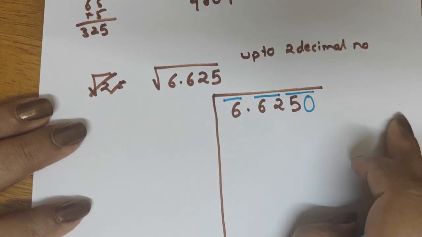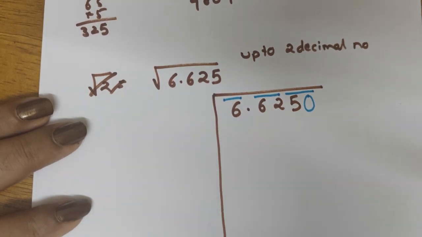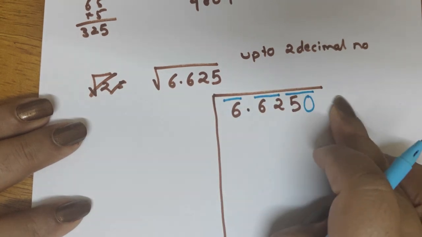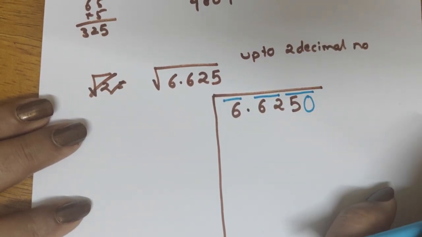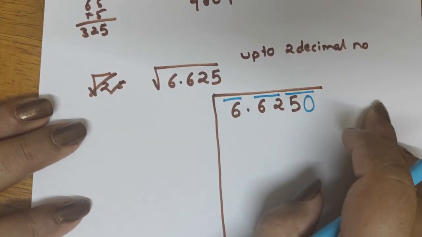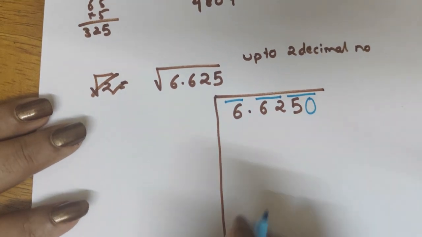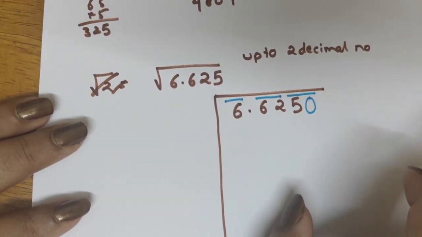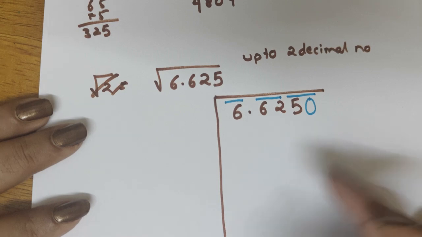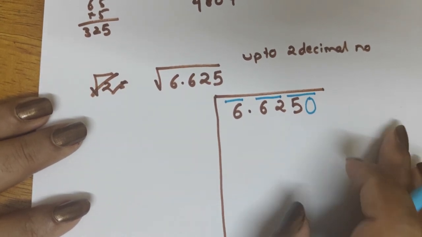So any number of zeros I can add, unless and until I get 3 decimal digits, I can add as many pairs of zeros as I want, because it's a decimal, so 0 doesn't count. Okay, so for now I am adding only 1 0. As and when I require, I'll add more.